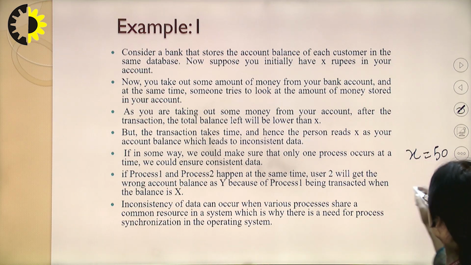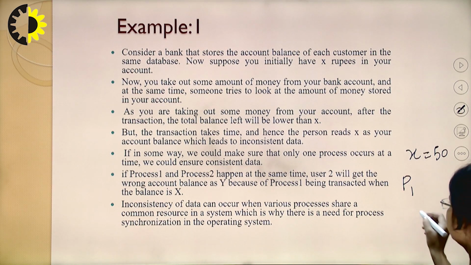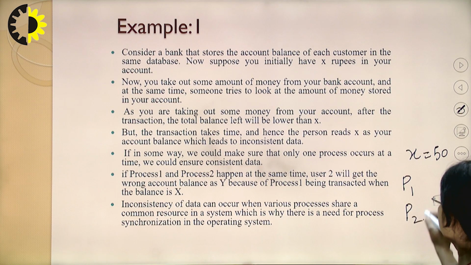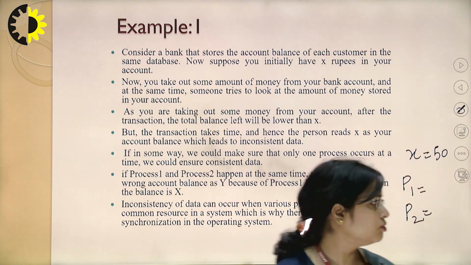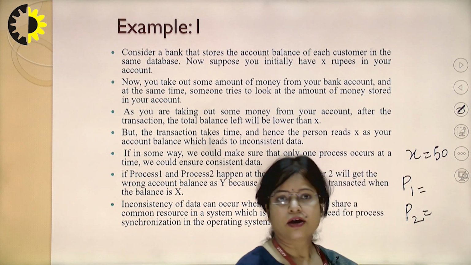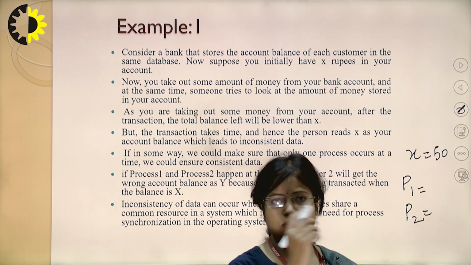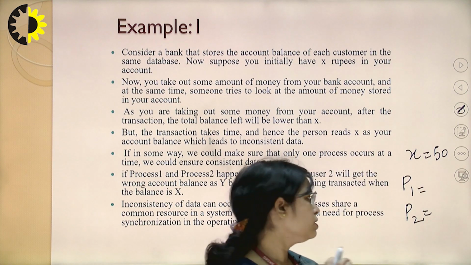Suppose there are two processes, P1 and P2. P1 process is trying to read the amount stored in your account, while P2 process tries to deposit some amount in your account.